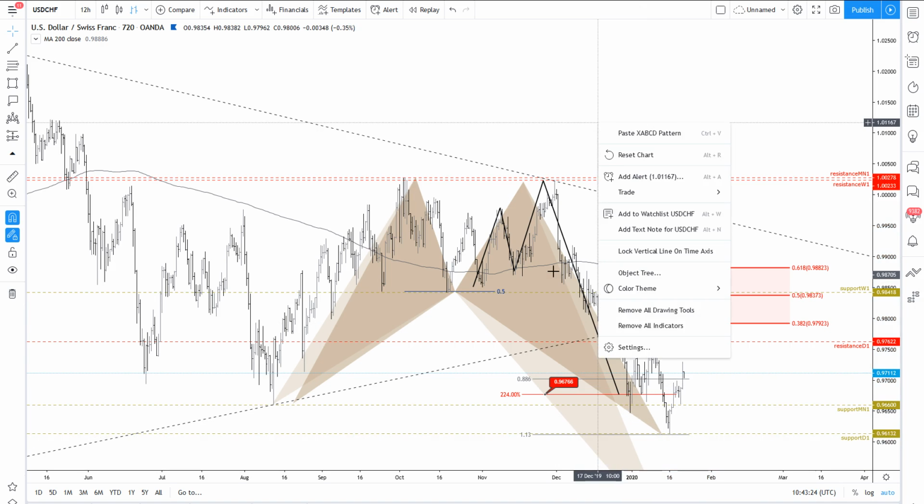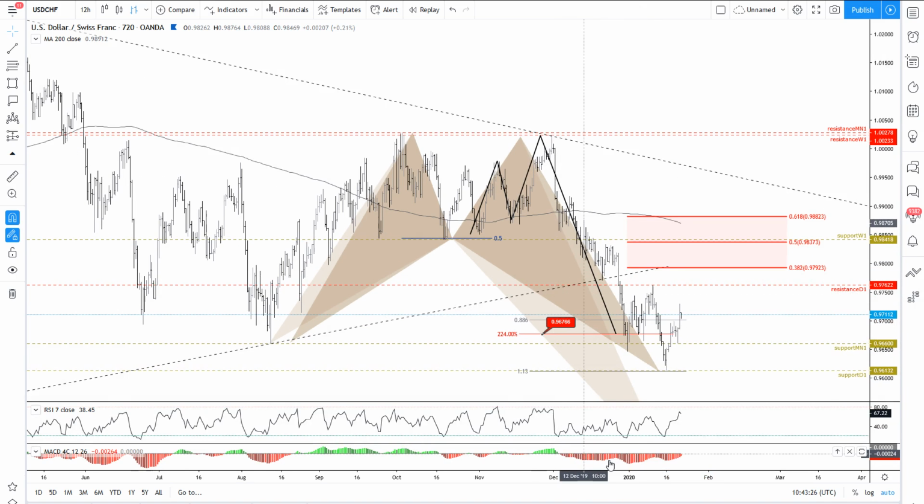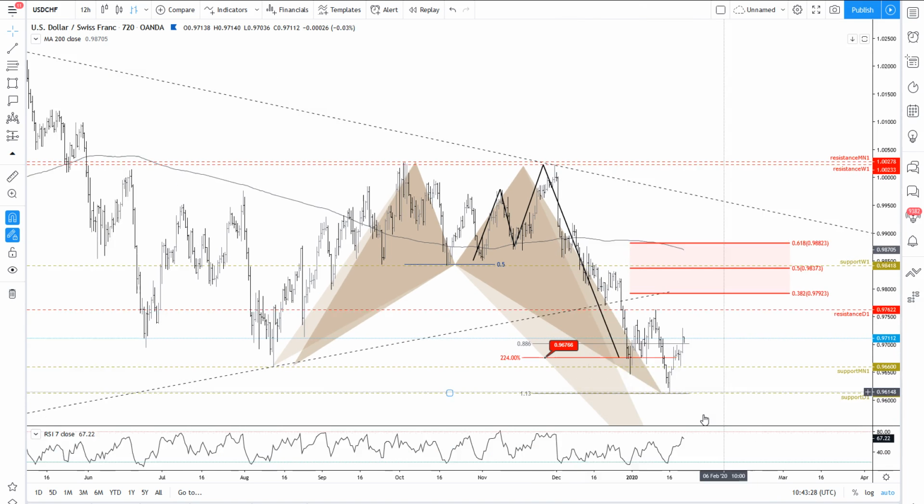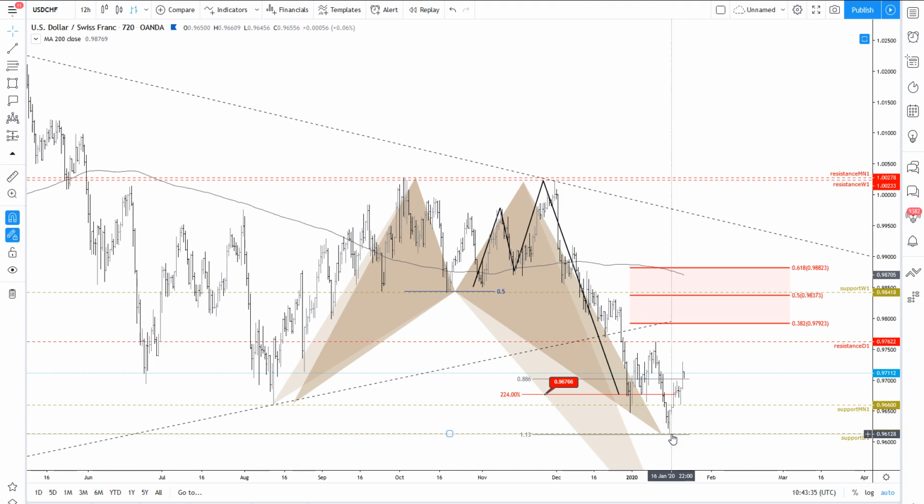So basically, let's check what we have here. We have nice bullish divergence supporting these previous structural lows. That's one of the reasons why the market has bounced from these levels, and we are now actually retesting.